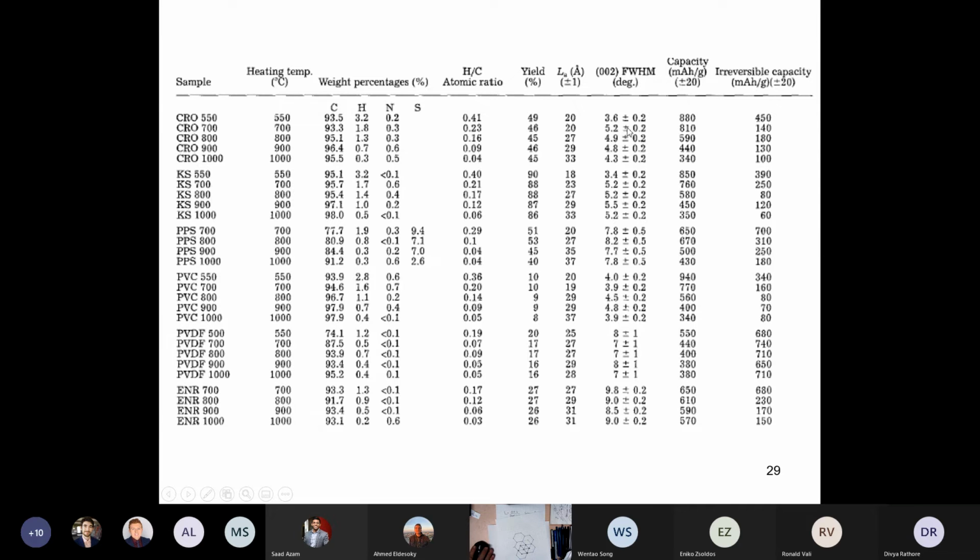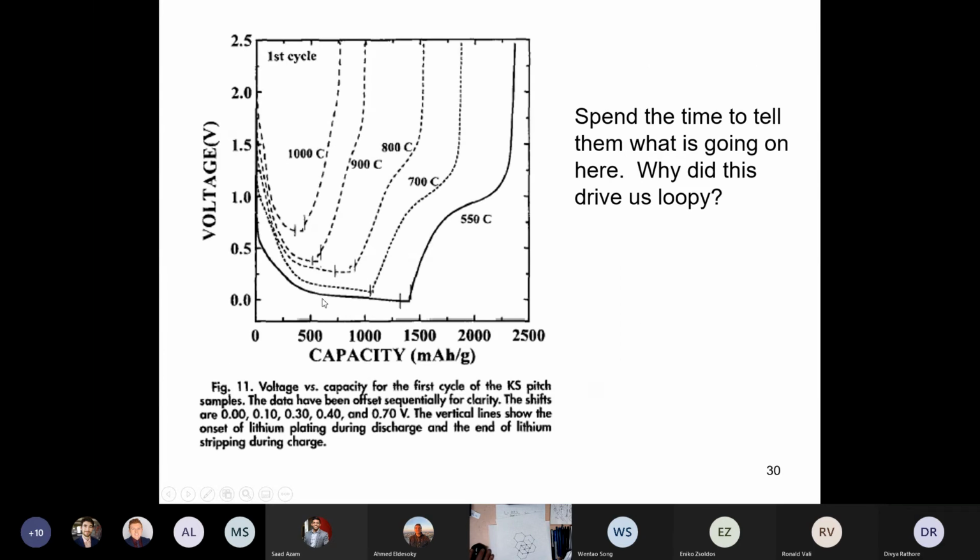So this drove us crazy because we were thinking, there's hardly any change to the carbon structure in this temperature range. Oh yes, and this LA is the lateral extent of the graphene sheets. It's not changing very much either. Changes a little bit. So what's going on? Where is this extra capacity coming from that goes away?